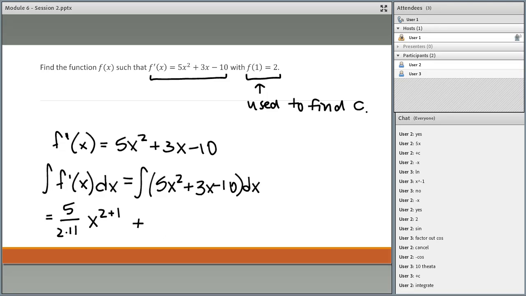And then I have 3 over, and what is the exponent in that second term? It's a 1. Again, we don't write it, but it's a 1. So I have 3 over 1 plus 1. And then minus 10x. But there is a potential constant.